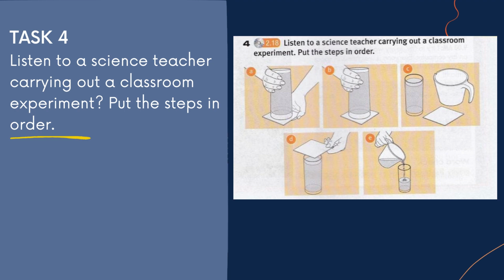Okay, so can anyone explain why that happened? Why didn't the water go all over my feet? I'll give you a clue. It's to do with air pressure. Yes, Emily. Well, because there was no air inside the glass, the air pressure from outside the glass was greater than the pressure of water inside the glass.